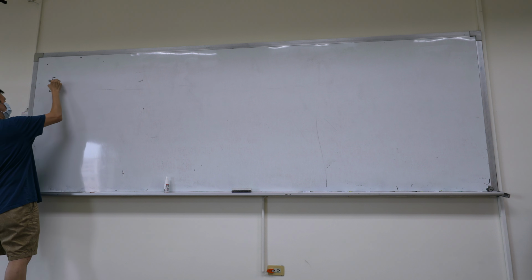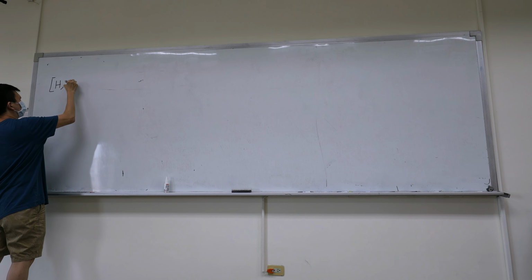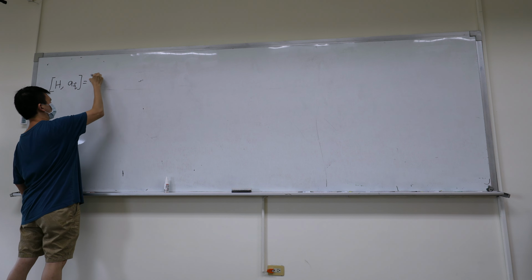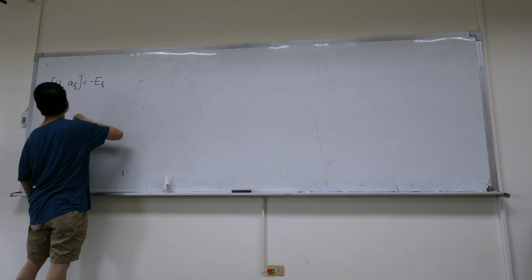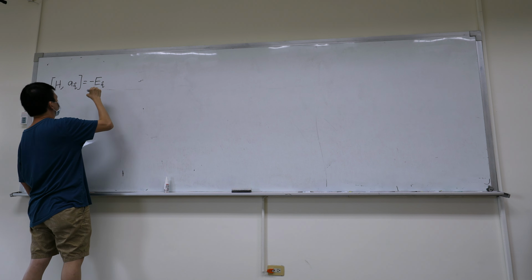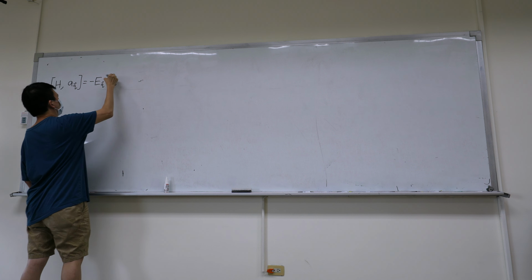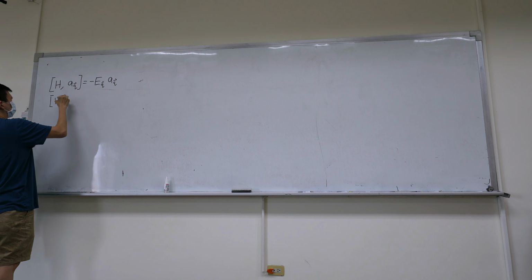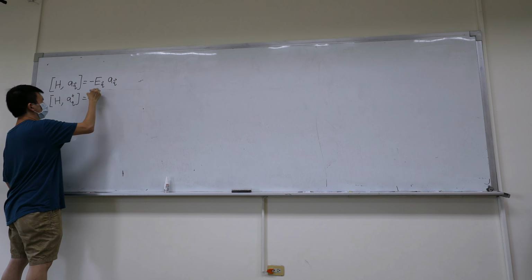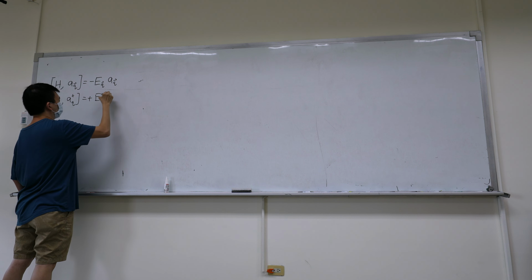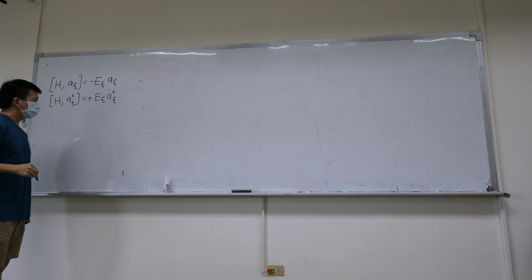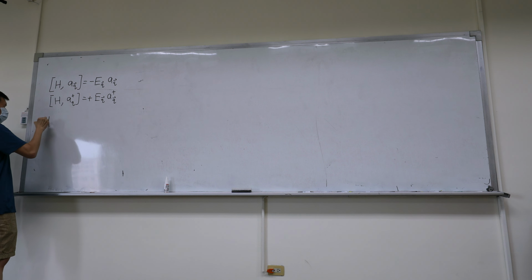So we discovered that the commutator of H with a_q is minus e_q times a_q. And then we found that the commutator of H with a_q dagger is plus e_q a_q dagger.